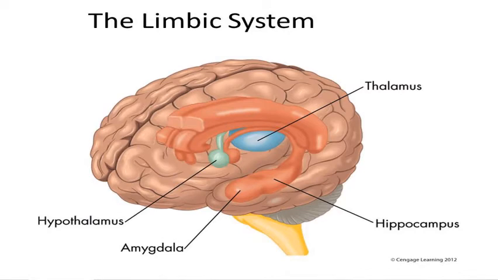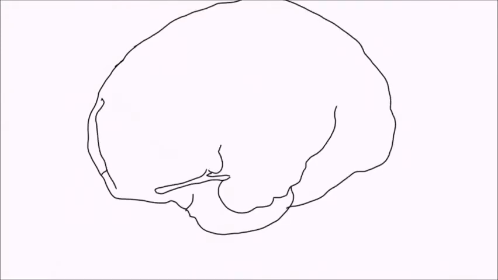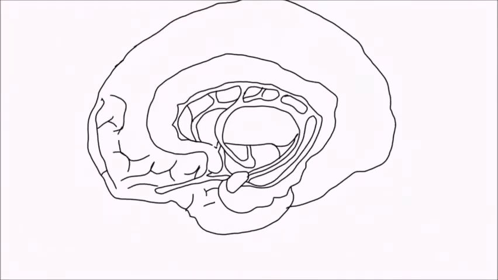So this is the limbic system. To better understand this, we will watch the video clip that I have attached. Welcome to this short video by Sutton Brain Hub on the anatomy of the limbic system.